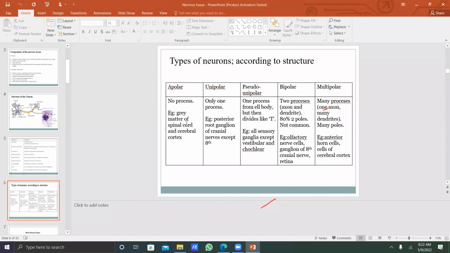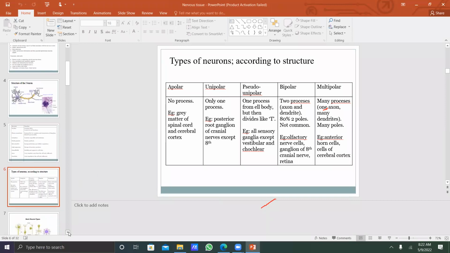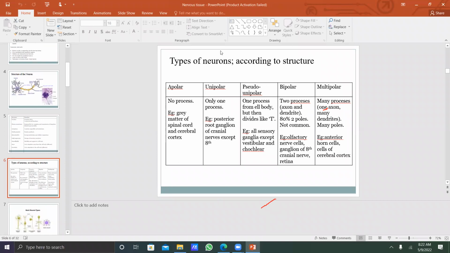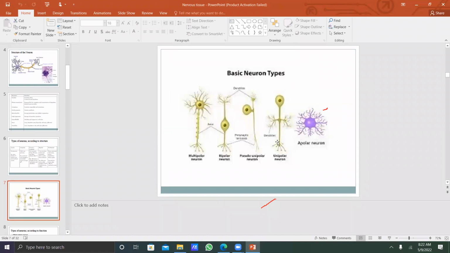So there are a few basic neuron types. We can divide them according to the structure. This picture shows those basic neuron types.